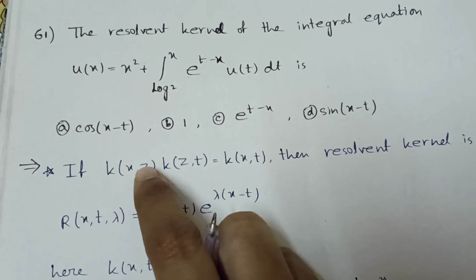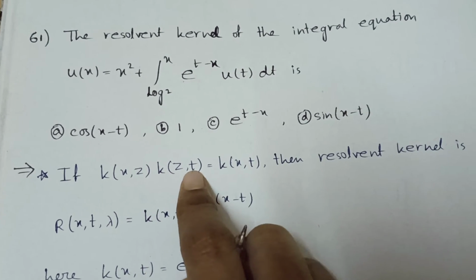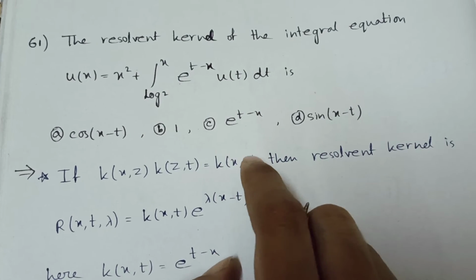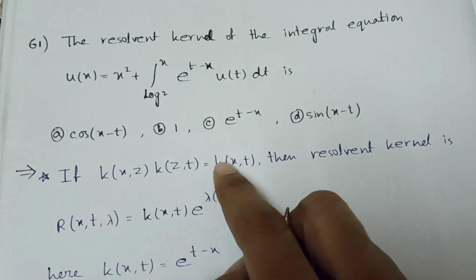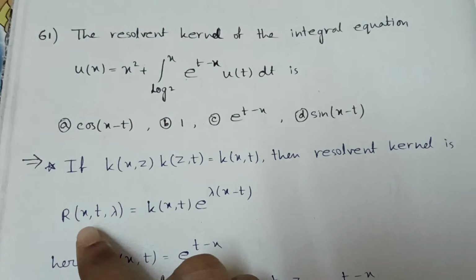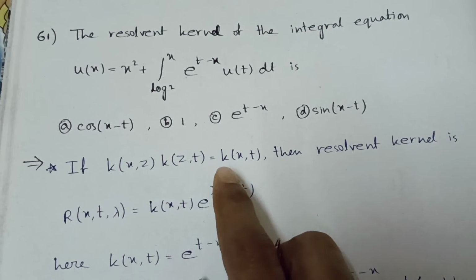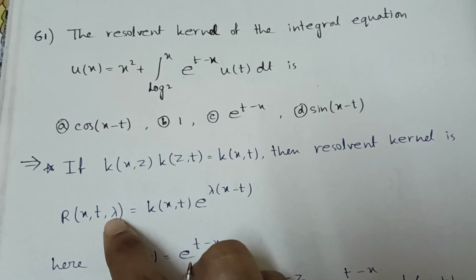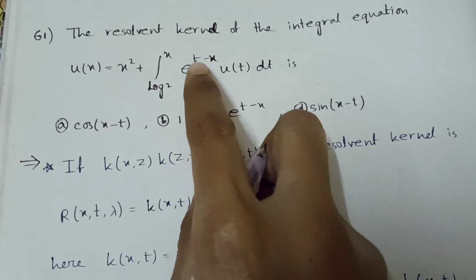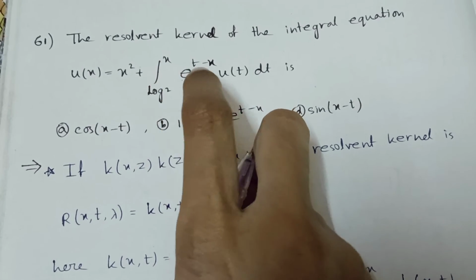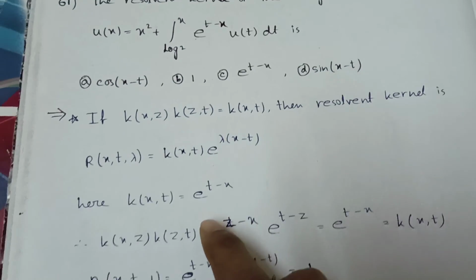and if K(x,z) times K(z,t) is equal to K(x,t), that is, if the kernel follows this formula, then the resolvent kernel R(x,t;lambda) becomes K(x,t) times e to the power lambda times (x minus t), where lambda is the eigenvalue. Here there is no lambda, so lambda is 1.